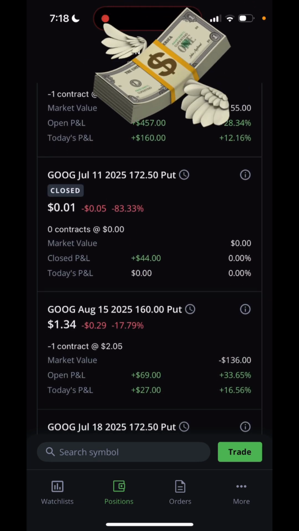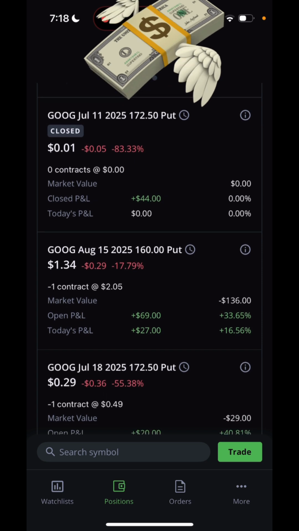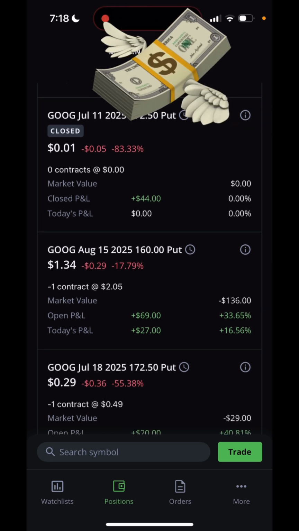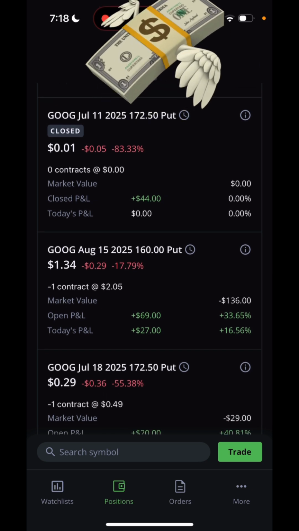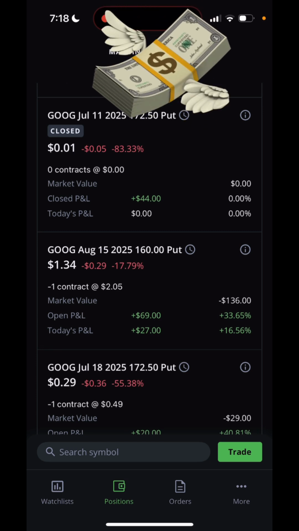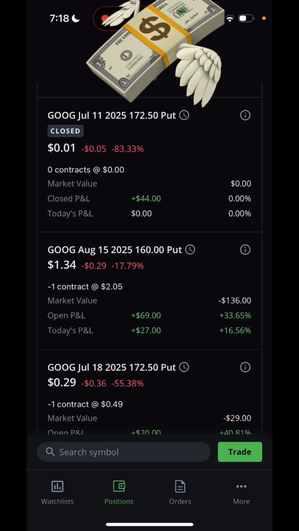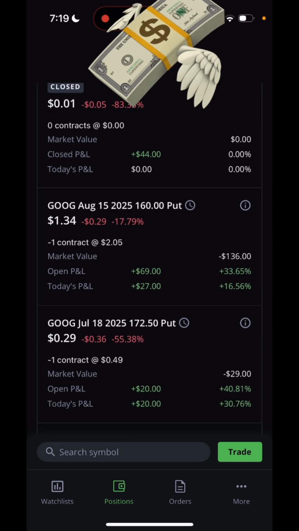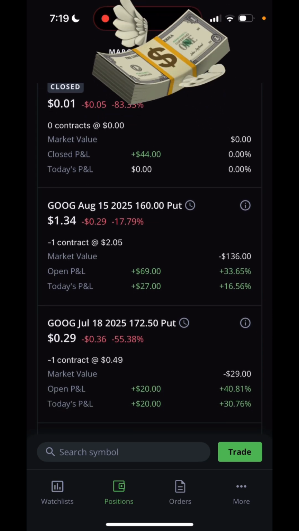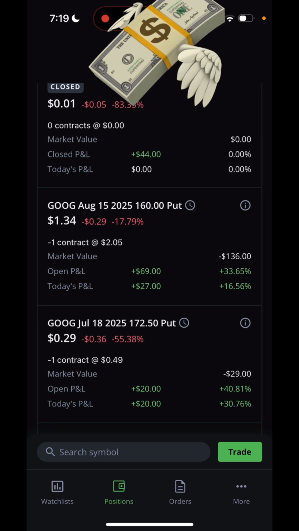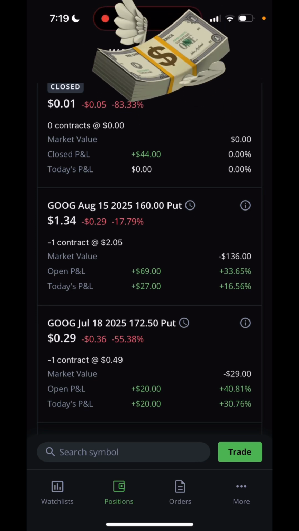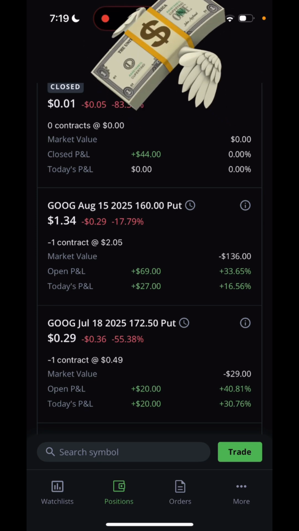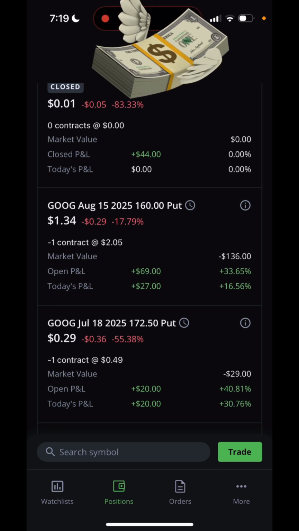We've also opened up some new positions in Google. So this 172.5 put that we wrote expired worthless, but we closed it out early for 90-something percent profit. We have one for next week, the July 18th 172.5 put, and we have a longer term put for August 15th, the 160.